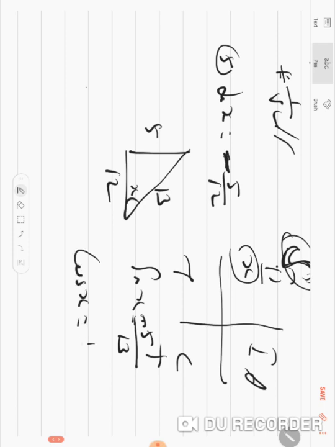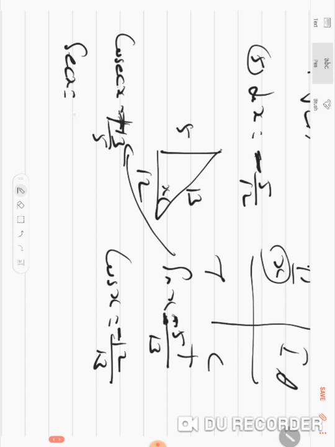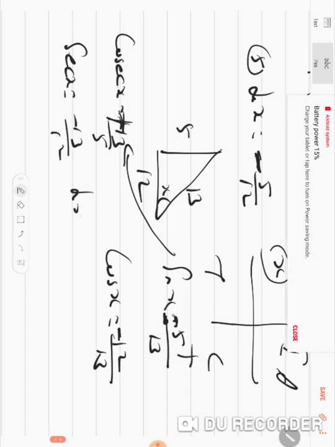Cos x is 12 by 13, it has to be negative because it's in the second quadrant. Tan x has been given, then you can write cosecant x, which is reciprocal of sin x, which is plus 13 by 5 because sin is positive here, sorry, and secant x will be minus 13 by 12, tan x will be minus 12 by 5 and so on.